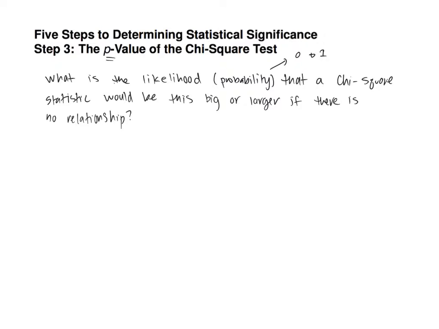So a low probability means unlikely. Does that make sense? And we're going to have a threshold for what is low, like the chances are low, near 0. And a large probability means it's probably likely. And that's what steps 4 and 5 are all about.